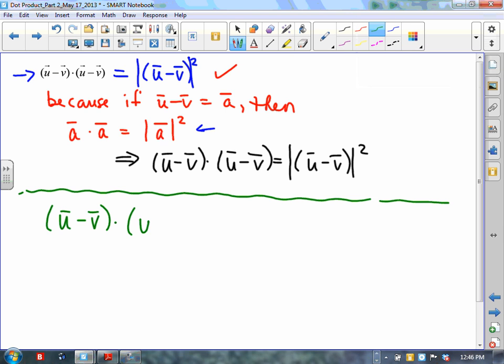So let's consider the dot product of these same 2 vectors, okay, in another light, and let's apply the distributive property, okay? There's 2 ways we can view this. What we can do is we can start by taking all of the first quantity and determining the dot product it has with the first vector in the second vector difference.